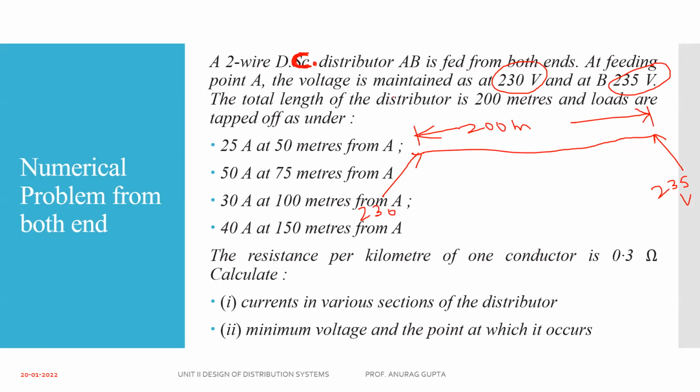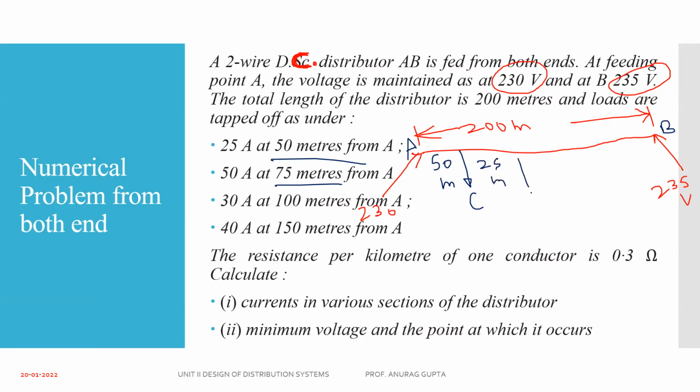And the tapping point, you can see, is 25 ampere at 50 meter from A. So I'm taking a second color just to represent that. That's your 50 meter from A. So this is your A point, of course. I'm taking this point as C point because A and B are already taken. Then 75 meter from A, so 75 minus 50, that means 25 meter.